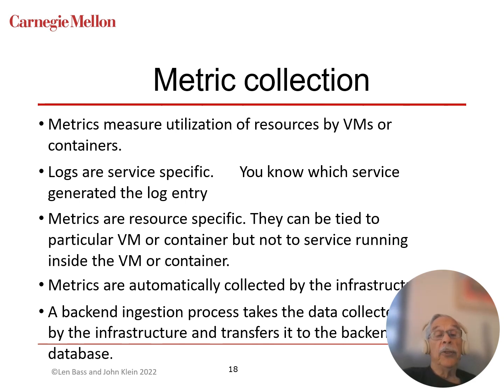So let's move on to metrics. Metrics measure utilization. So logs measure events. Something happened. This is the clock time. Utilization says the CPU on my computer was 80% active over this time period. And so you need to know the time period.